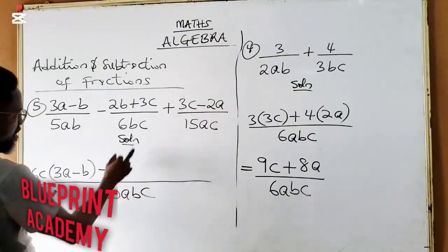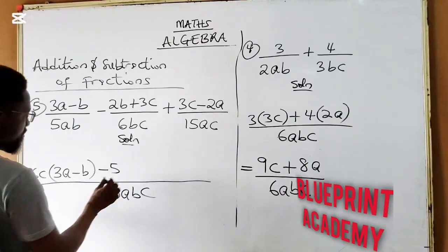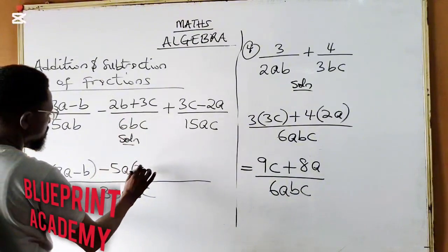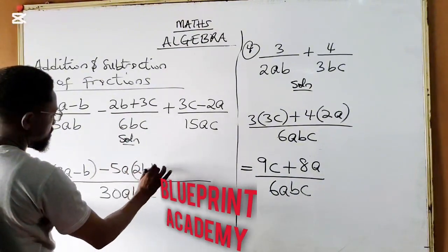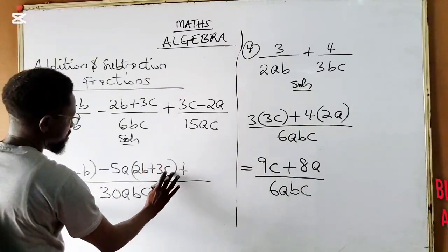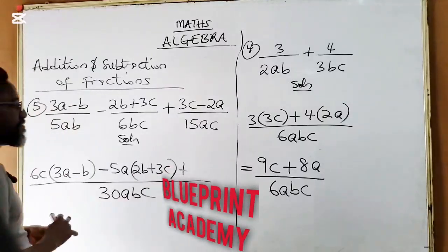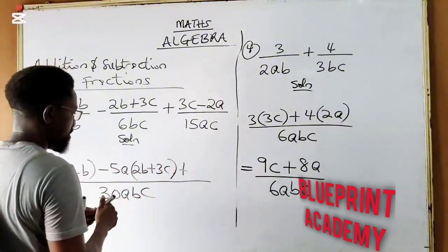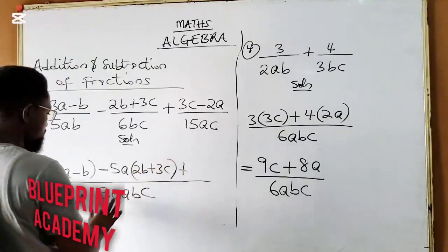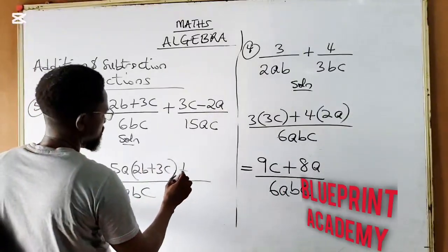Then BC, you cancel BC from here. You are left with A. Then we have 2B plus 3C, and bring down the plus sign. Then we have 3C. First of all, 30 divided by 15 will give us 2.